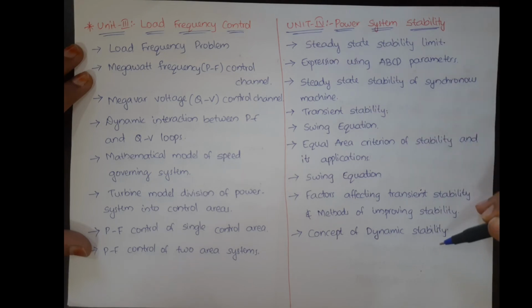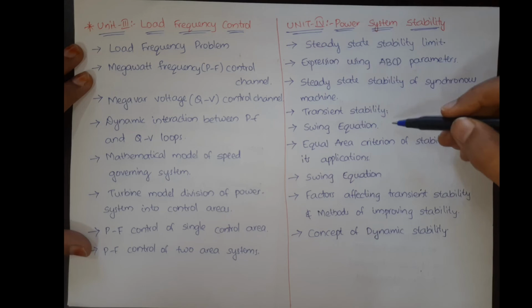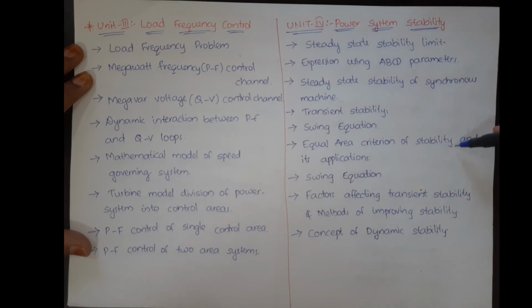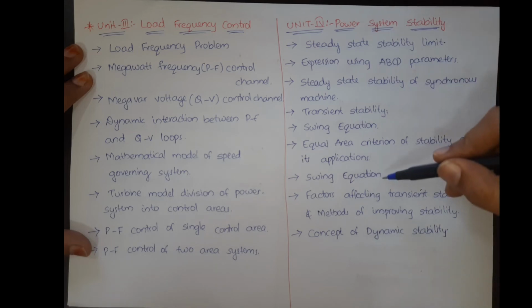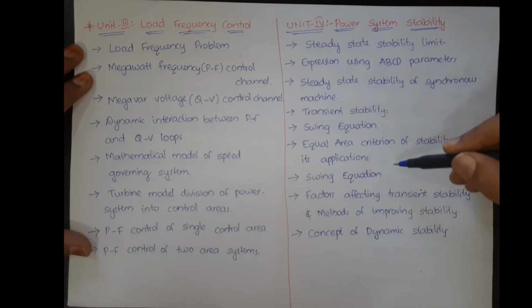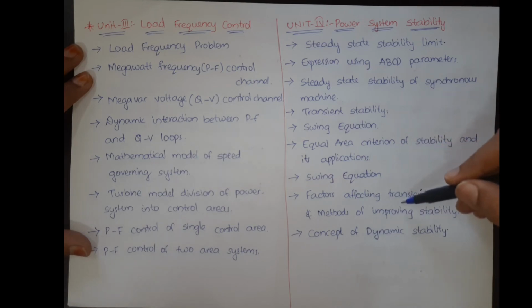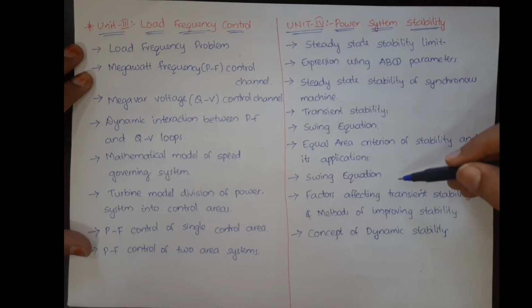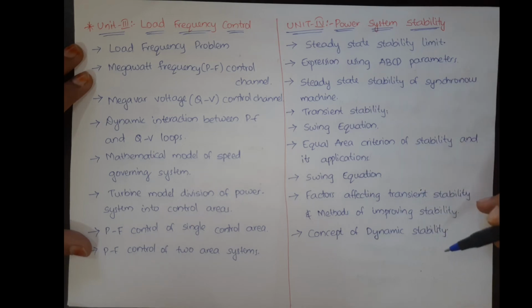There is a term called swing equation, equal area criterion of stability and its applications. So how to write a swing equation, step by step how to solve this swing equation, what is the application of this swing equation, all these things we will be studying in this power system stability. So this is all about unit 4.